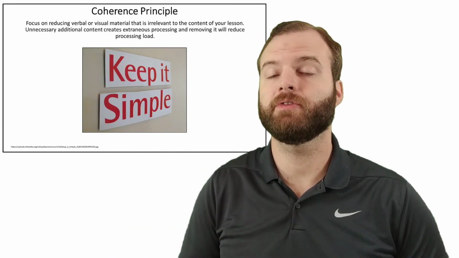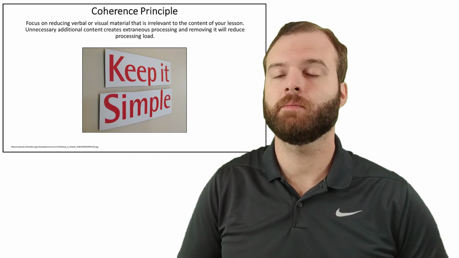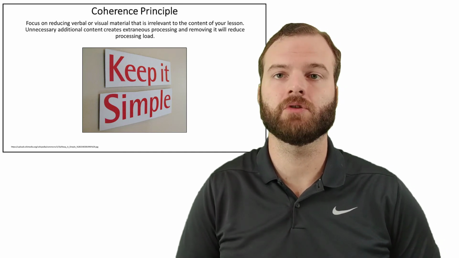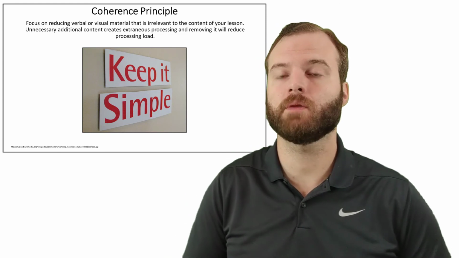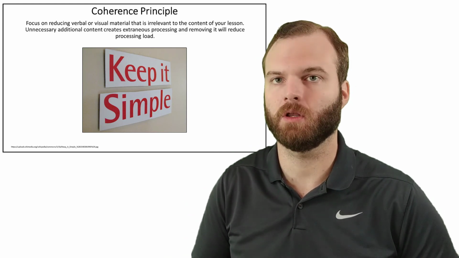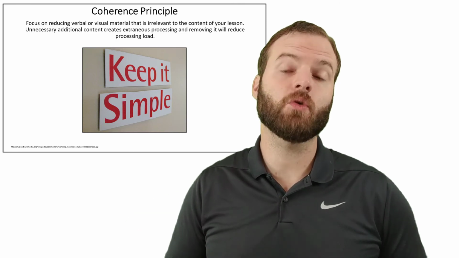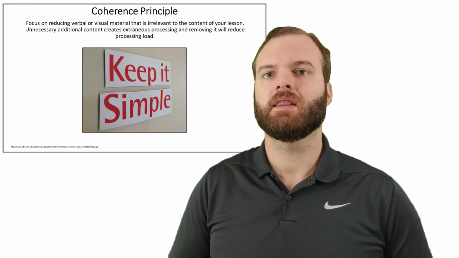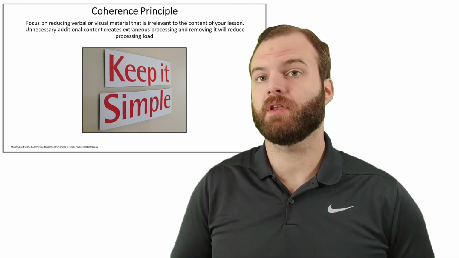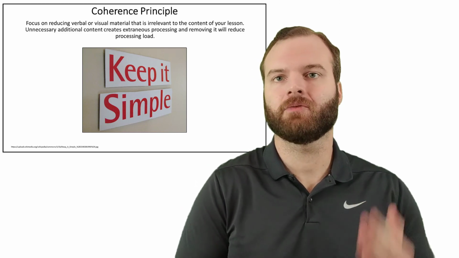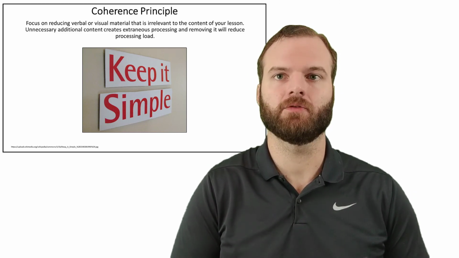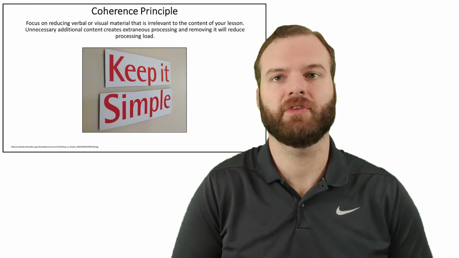Our third principle is the coherence principle. The big idea behind the coherence principle is to remove any visual or auditory material that does not directly pertain to our lesson. This could be any loosely linked stories or ideas that could be interesting, but they don't really directly hit on our learning objectives or what we want students to get out of the lesson.